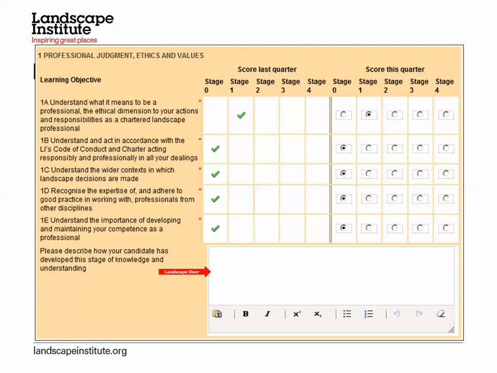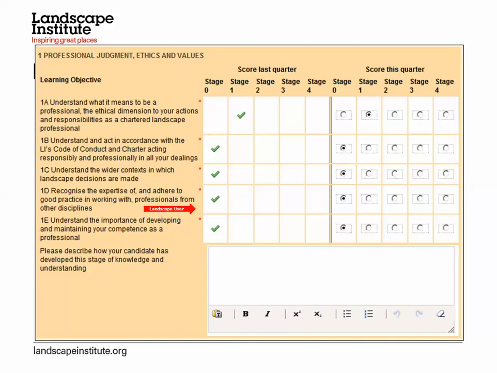Because on the new syllabus you are only scoring candidates on elements 1 to 4, you'll do this for elements 1 to 4, and then for elements 5 and 6, which you'll remember are called the underpinning elements, you'll just be asked to write some descriptive text. There's no scoring for the underpinning elements, just for the 4 core elements.